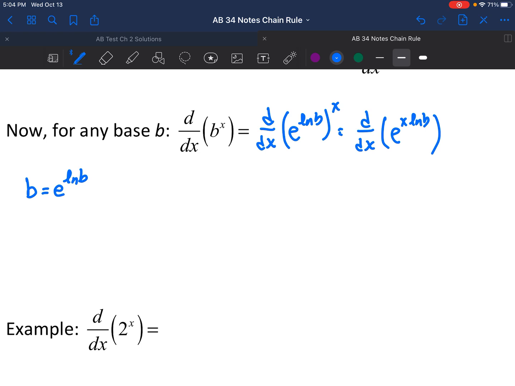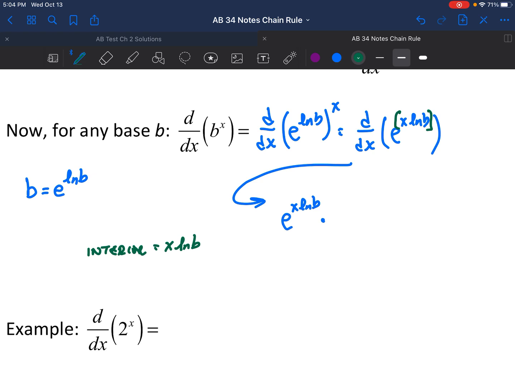Now, applying our derivative rule. e raised to anything is the same thing. So now we're going to have e to the x ln b multiplied by the derivative of the inside. Well, our inside, that interior, make a note, is x ln b.